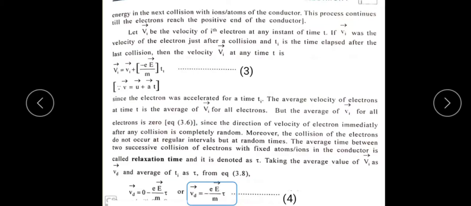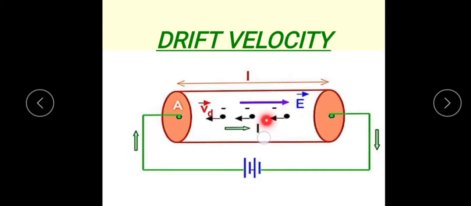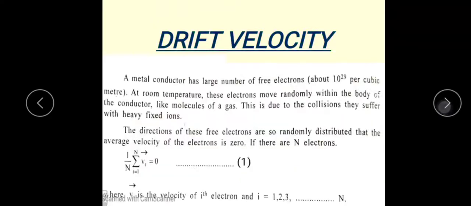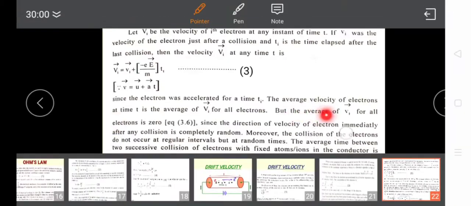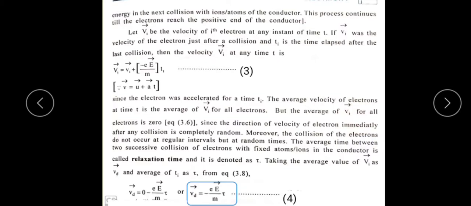Just after collision, the average velocity for every electron is 0, since the direction of velocity of the electron immediately after collision is completely random. If an electron moving with velocity v collides with a fixed atom, its velocity immediately becomes 0, but the positive charge again attracts the electron and the velocity increases again. Immediately after collision the electron moves in some random direction. That's why the average velocity immediately after collision is 0.